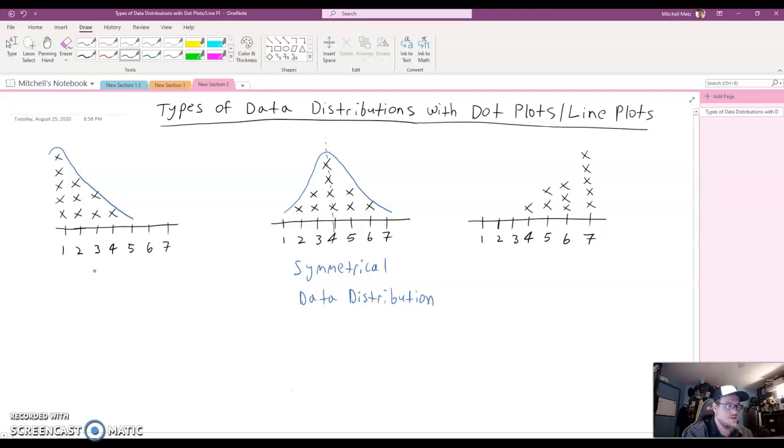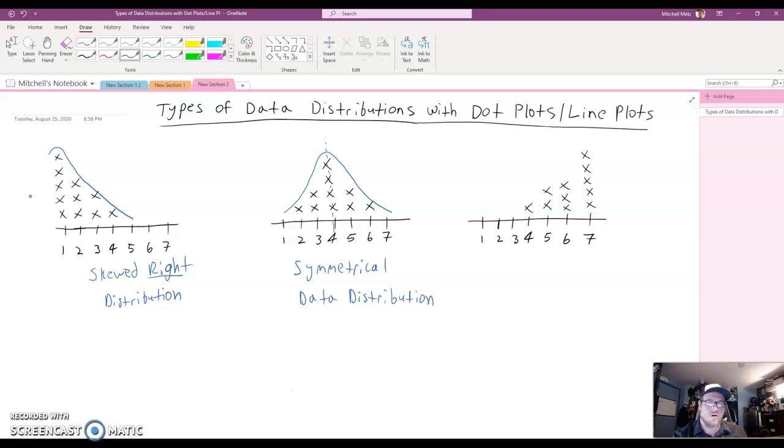Or, no, sorry, I said that backwards. It is a skewed right distribution. You have to be very careful when you're doing this, because sometimes you can get confused by your directions. When it's skewed right, most of the data is to the left, and the data starts disappearing to the right. So that's how you can think of it.